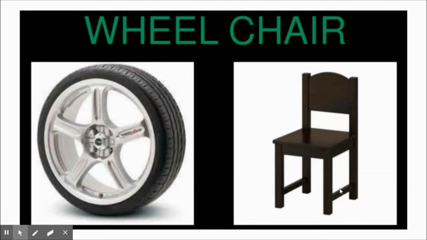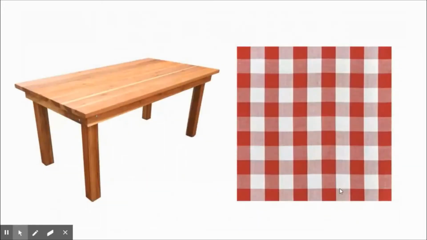Okay. So you see, when we put two things together, we get a word that has a completely different meaning than the original ones, right? Okay. So here I have a table and I have cloth, right? Material, cloth, linen, right?